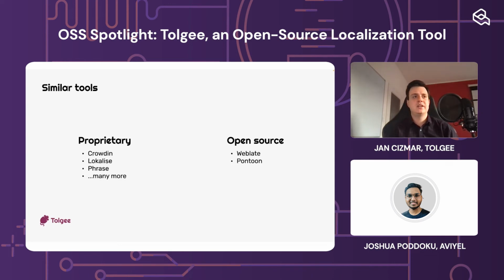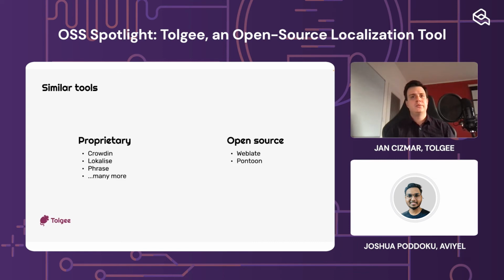Some of them support in-context localization, but it's not always bulletproof. You can add some snippet to your page, and then it's going to somehow find which strings are related to which key, but it's never working super correctly. Tolgee is really bulletproof, because it has its own integrations, which the other tools don't have.